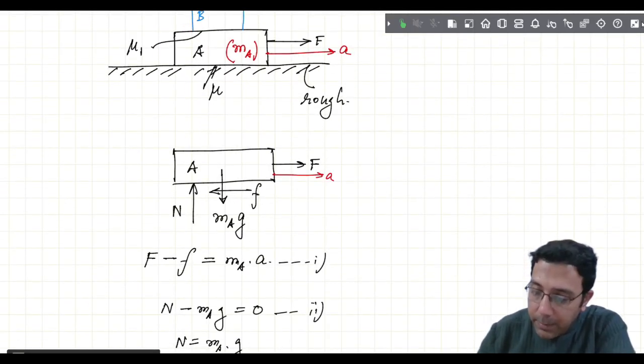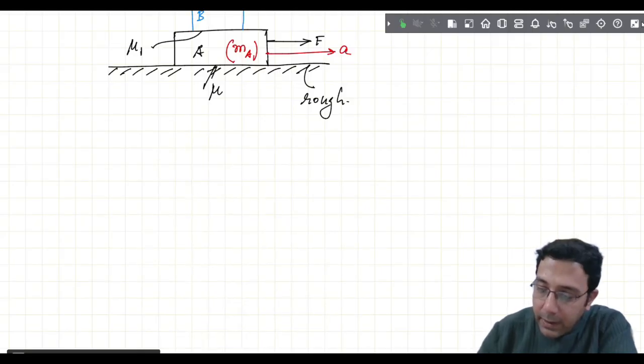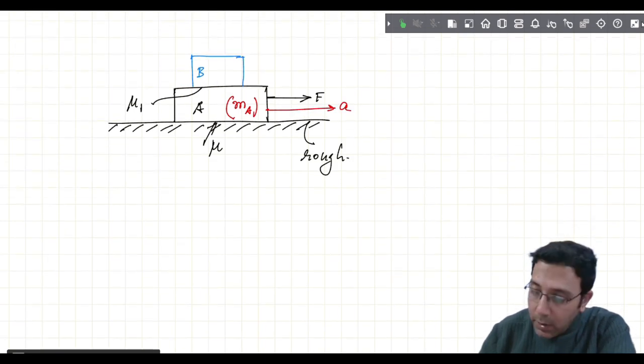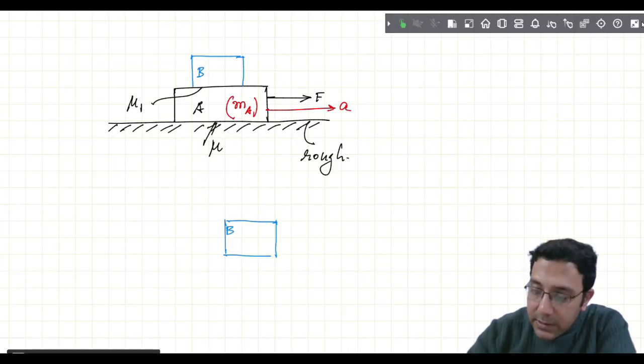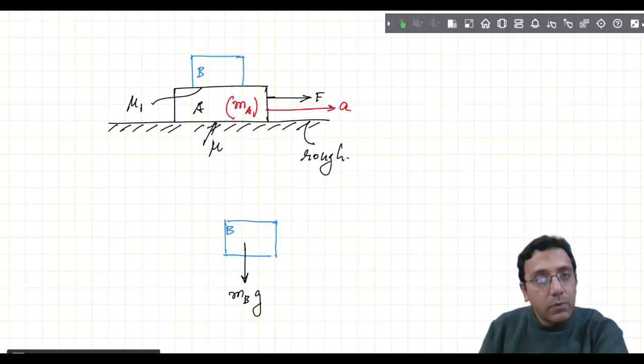Let me rub these things off. If I try to draw the free body diagram of body B alone, this is my body B. First, mg always acts down, so mb into g, it is always down.